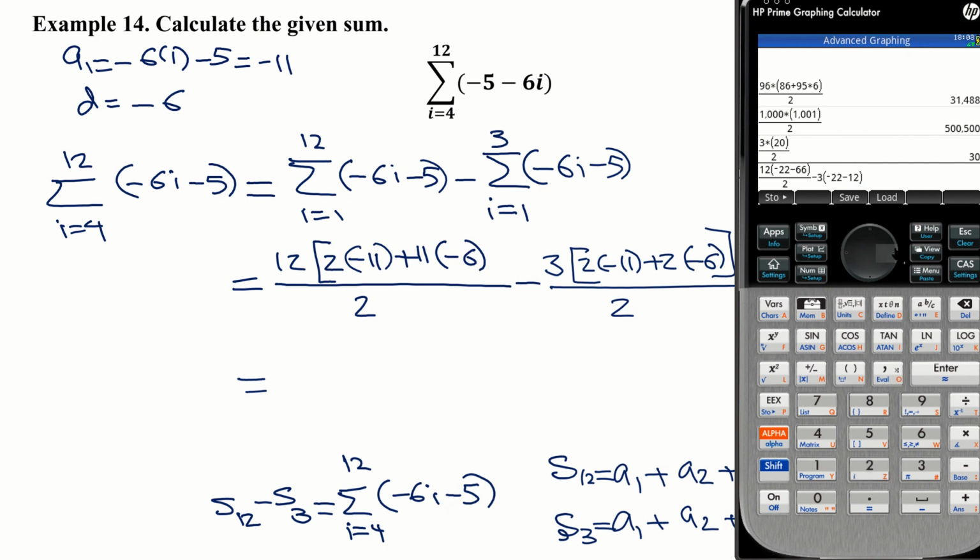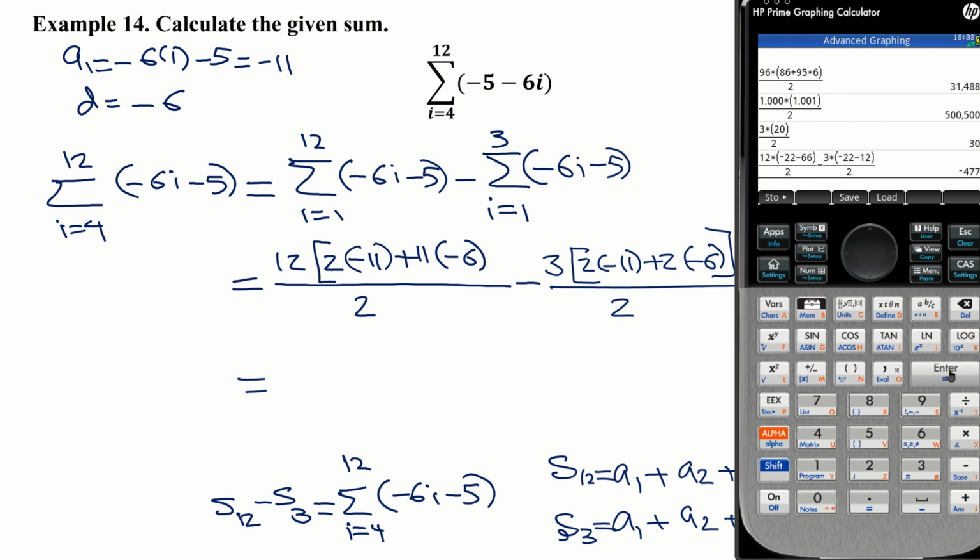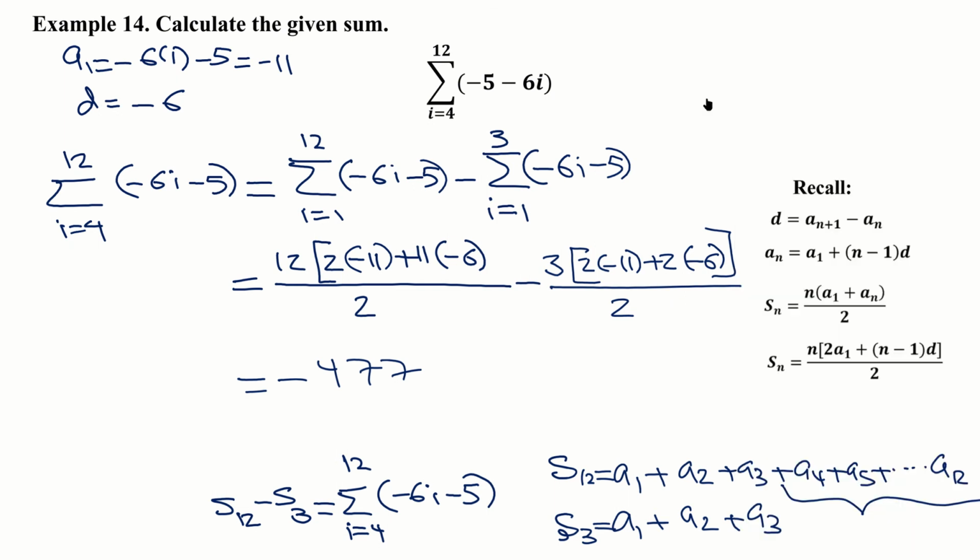Then we need to get out of the parentheses and divide by 2. Finally, enter, so we get negative 477 for that particular problem.